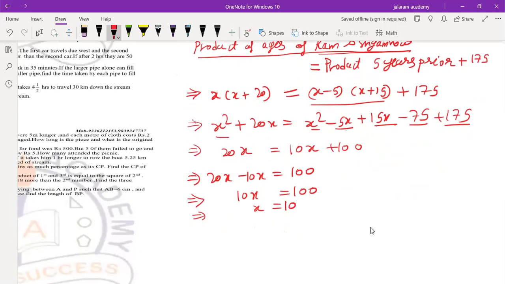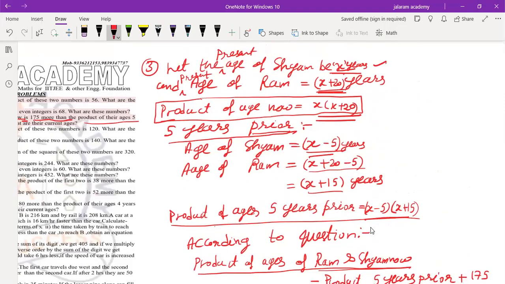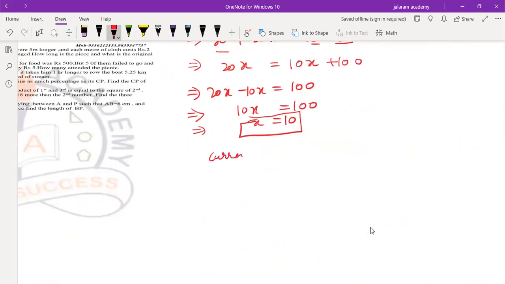That is 10. x we assumed as the current age of Shyam. So the current age of Shyam equals 10 years.